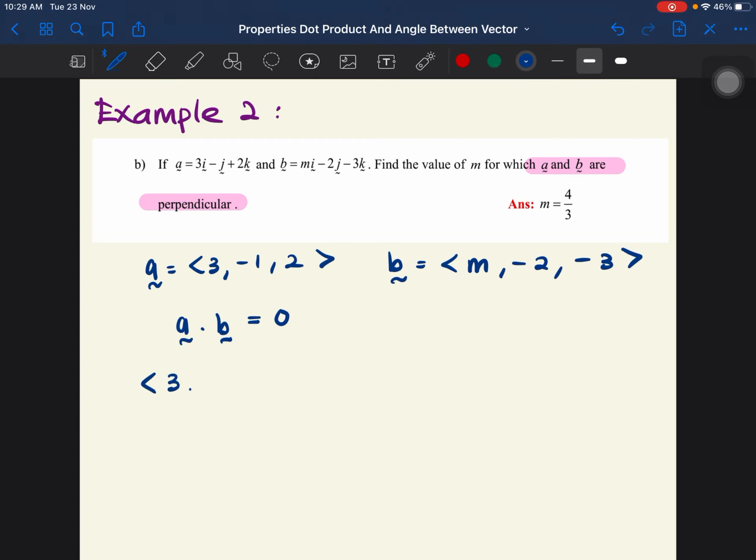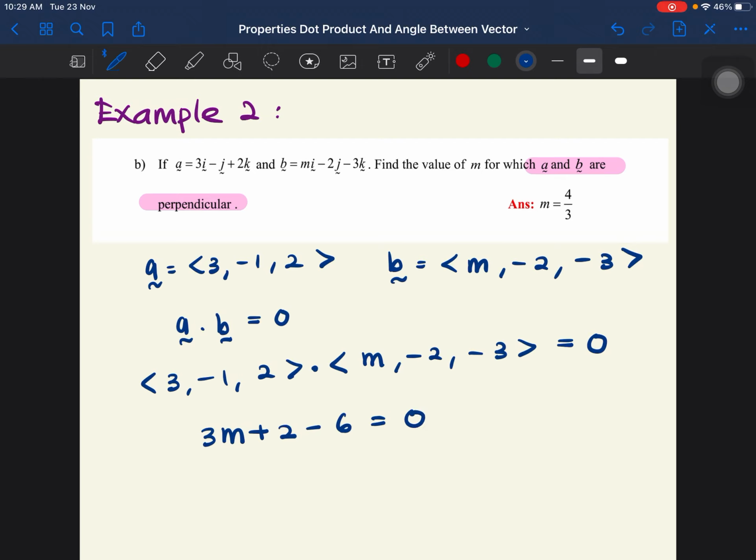So we will have (3, -1, 2) dot (m, -2, -3) is equal to 0. So applying the dot product will give you 3m plus 2 minus 6 is equal to 0. So 3m is equal to 4. So we will have m is equal to 4/3.